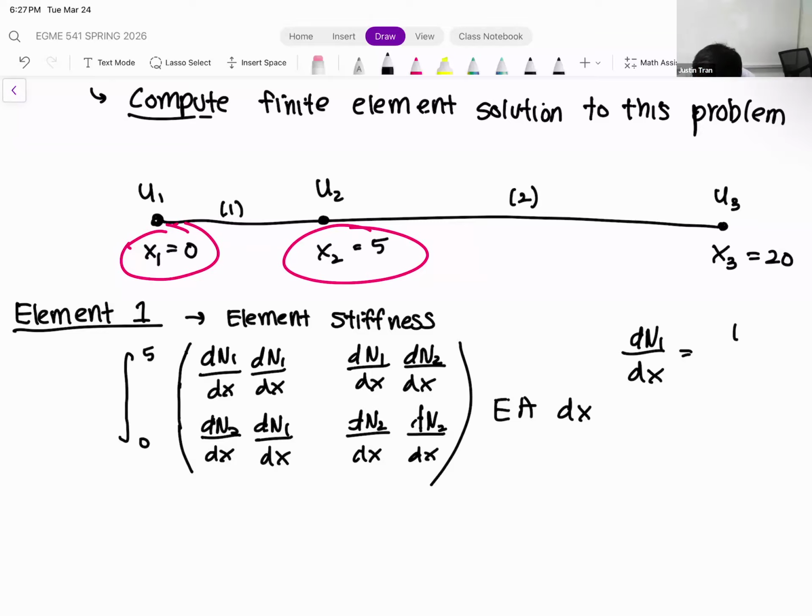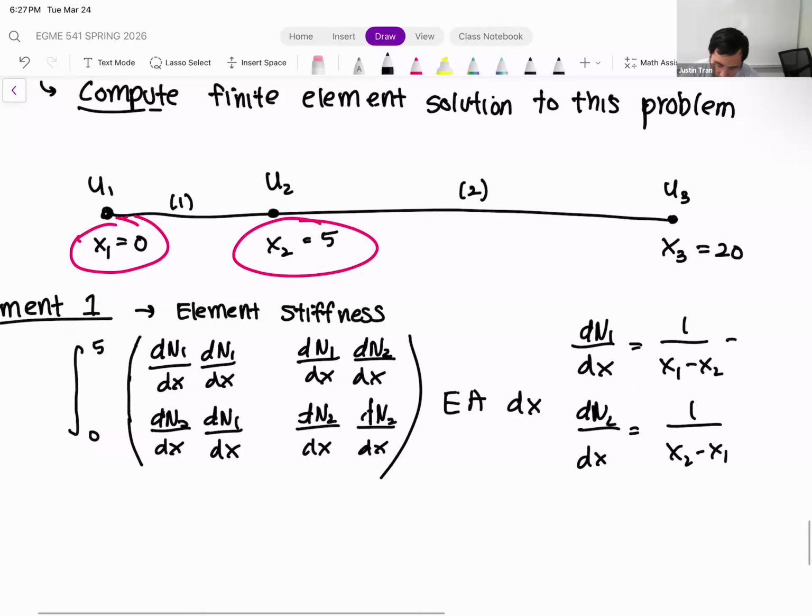So dN1/dx was 1 divided by x1 minus x2, and dN2/dx is simply 1 divided by x2 minus x1. We know x1 is 0 and x2 is 5 for this element. That means dN1/dx is minus 1/5, and dN2/dx is a positive 1/5.